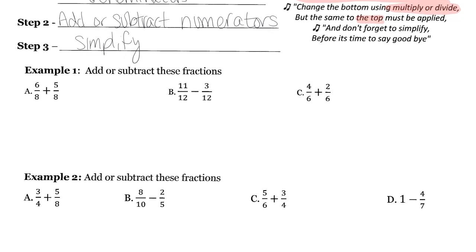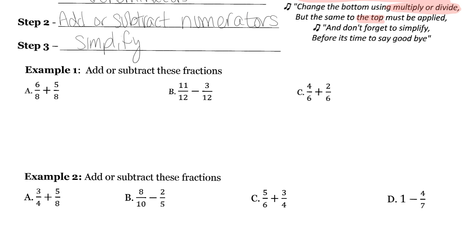So let's look at example 1, letter A. Does this have step 1, common denominators? So if it helps, write the steps there. Step 1, common denominators. These numbers on the bottom are both 8, right? So I would say they have common denominators.